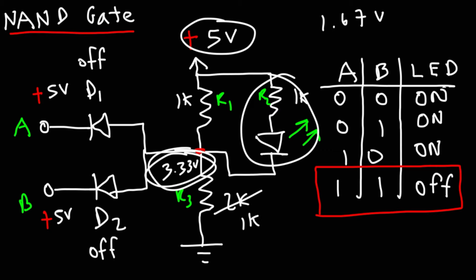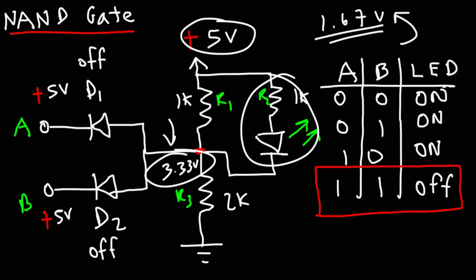In order for this circuit to work, we need to choose the appropriate R3 value. So if R3 is 2K, this will be set to 3.3, and once R2 and the LED are attached to it, it's not enough to activate the green LED. And even if it did, it may be on very, very dimly. But let's assume this is not enough to activate it. It's not the 2 volts that we need. And then the LED will be off.